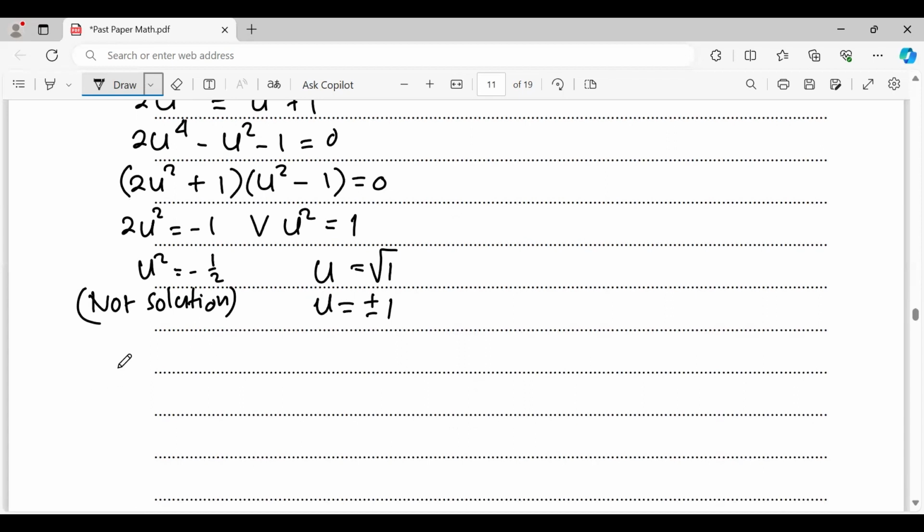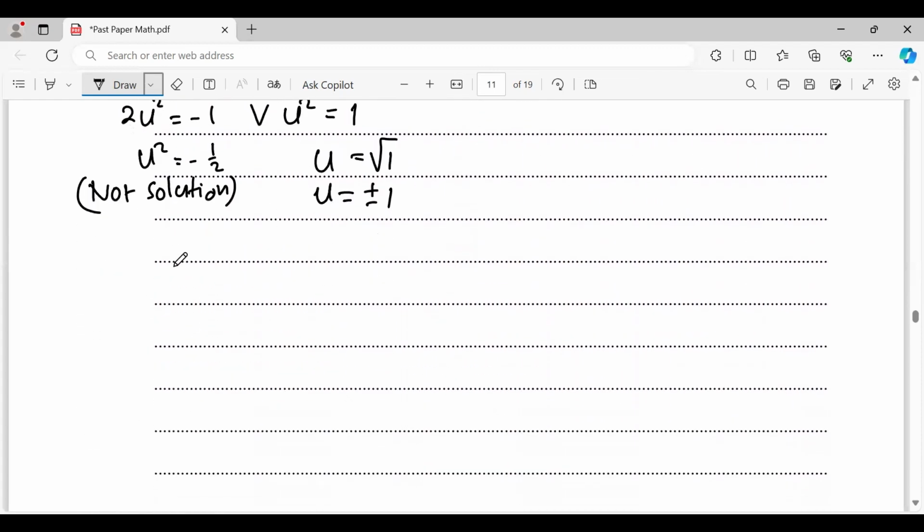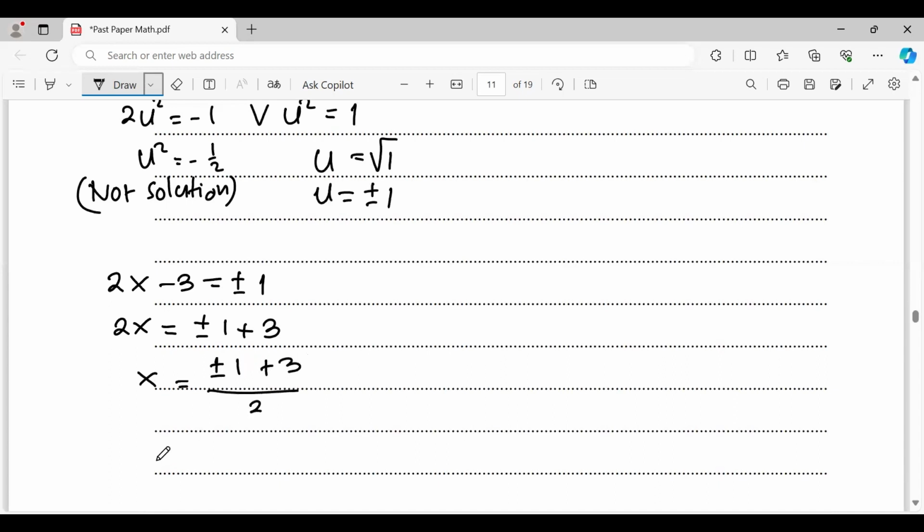U equals 2x minus 3. It means 2x minus 3 equals positive or negative 1, or 2x equals positive or negative 1 plus 3, or x equals (positive or negative 1 plus 3) over 2.